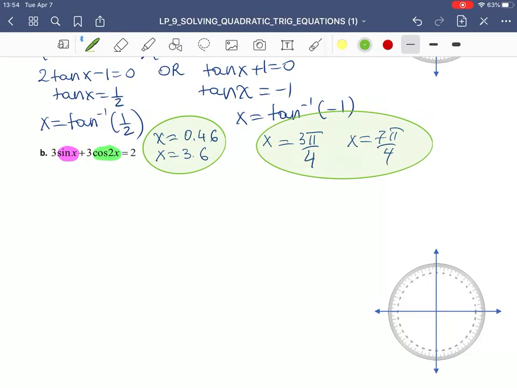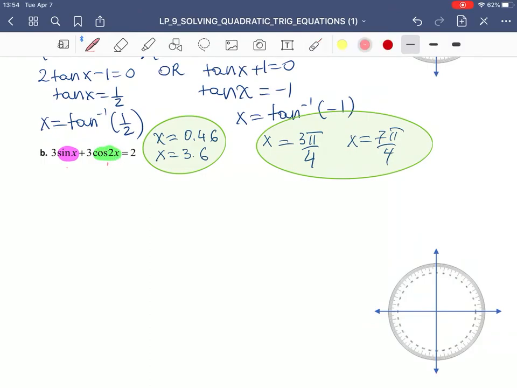So we want to make them alike, so we have to think, can we change sine of x into something cosine? Well, if it was to the power of 2, maybe, but it's power of 1, so maybe we should look at other options we might have.